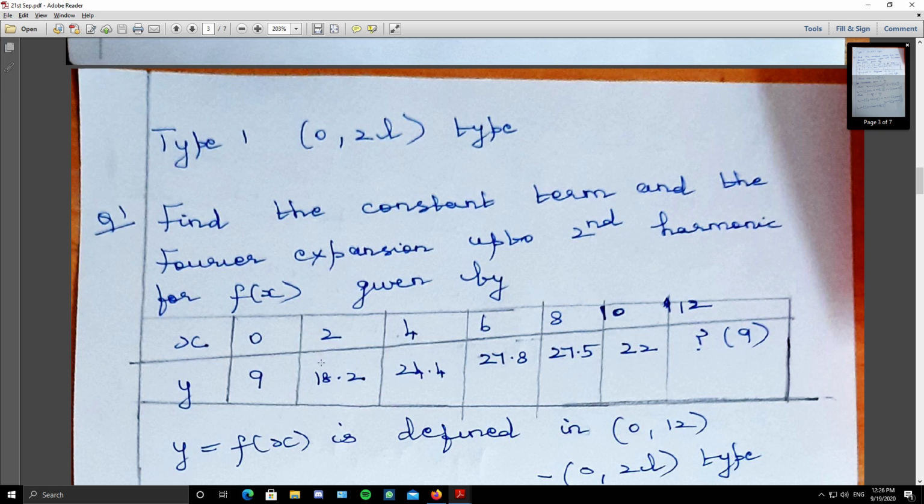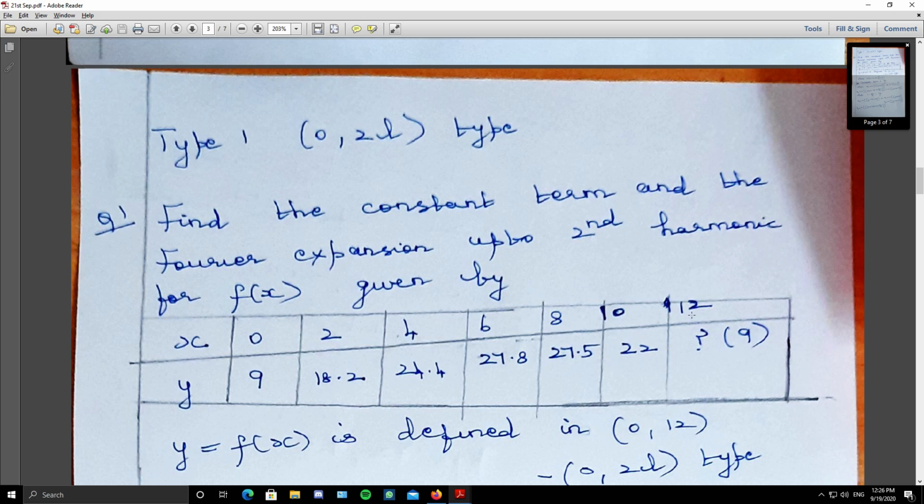I repeat, first thing, given the values in tabular form, check whether the table is complete. The table is complete only when the values of f of x at the endpoints are same. So if they are not same, let's say you are given only up to this 10.